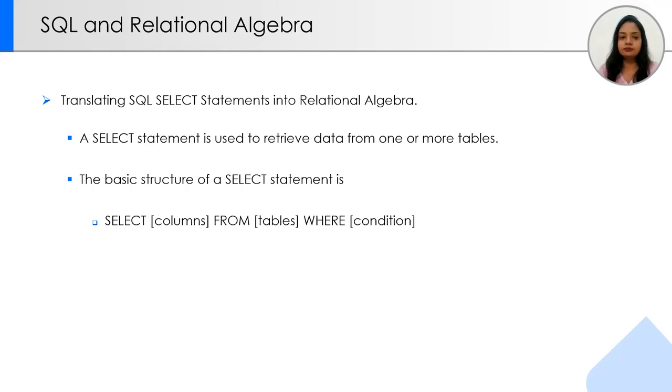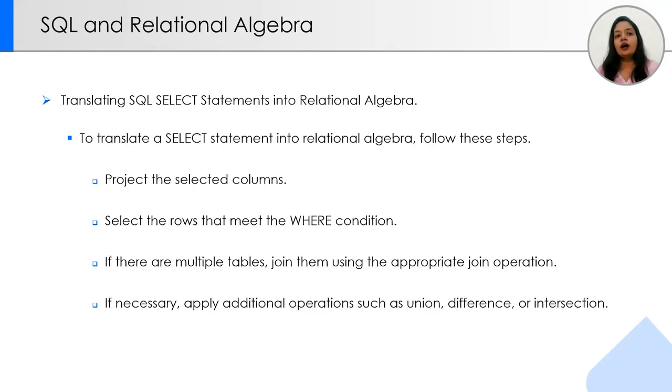Now we are learning the translation of the SQL select statement into relational algebra, and the steps that we follow for this task are: project the selected columns. Here you are going to select the columns of the table first, and then you are going to select the rows that meet the where condition.